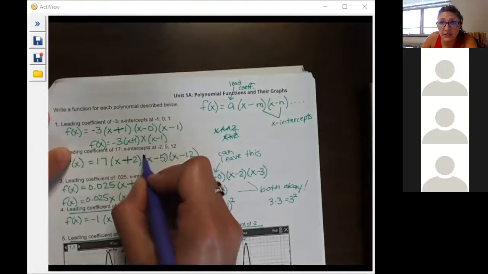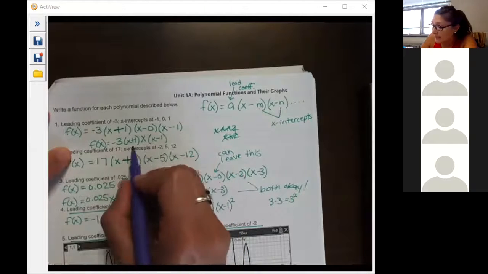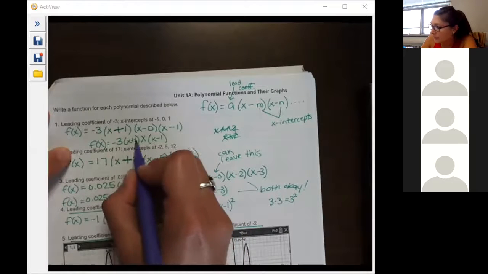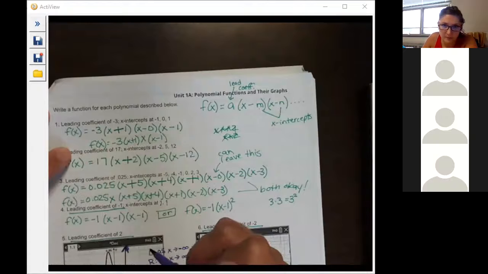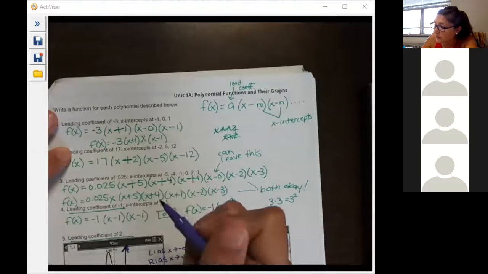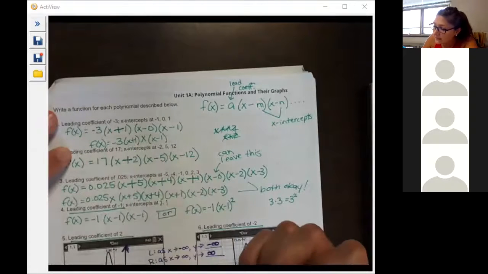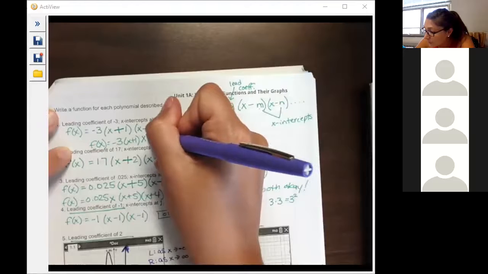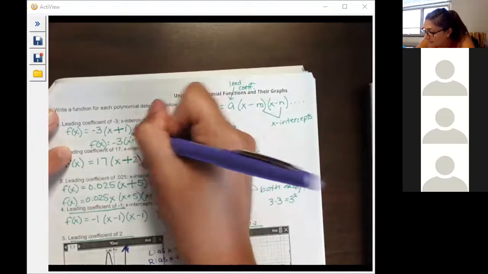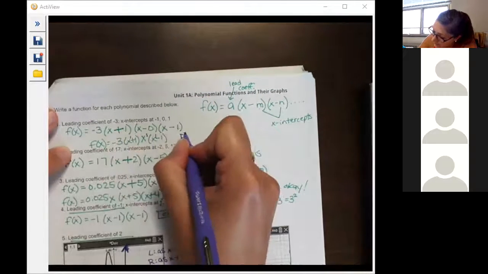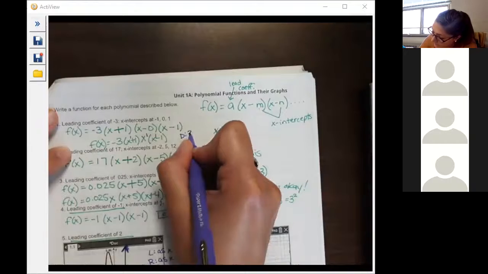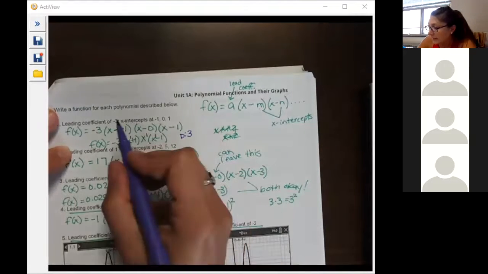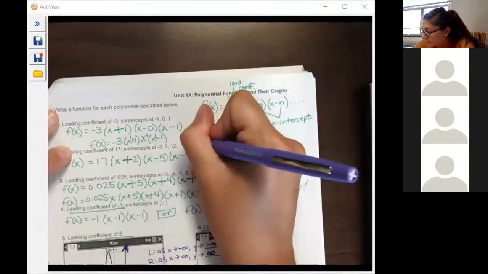Remember, standard form, we just look at the biggest exponent. This is not standard form because I would have to distribute all these things out. So when we don't have standard form, we find our degree by adding up the exponents for x. If I don't see an exponent, it's a 1. So I've got all 1s here. So my degree here would be 1, 2, 3. And our lead coefficient is negative.